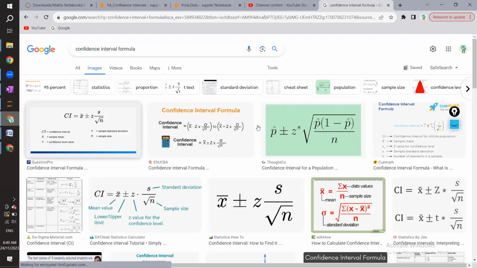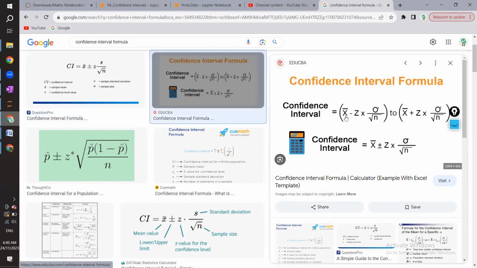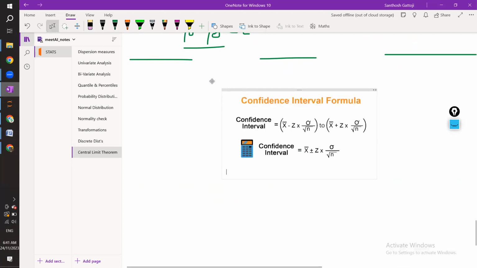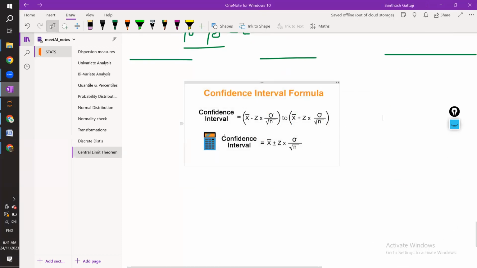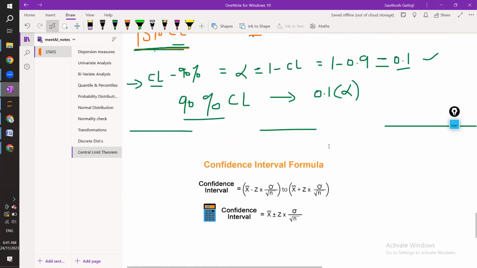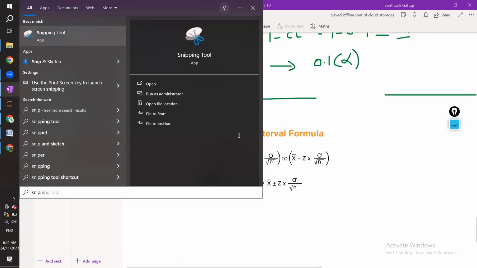Yes, guys, this is the one. I would say x bar plus z into rho by square root of n, z at alpha by 2.